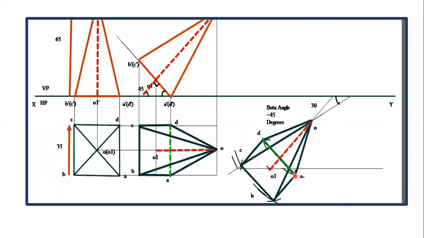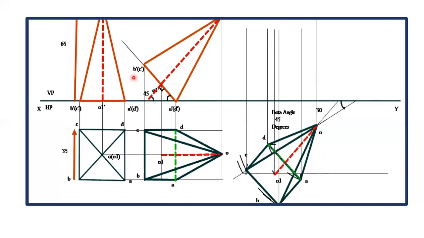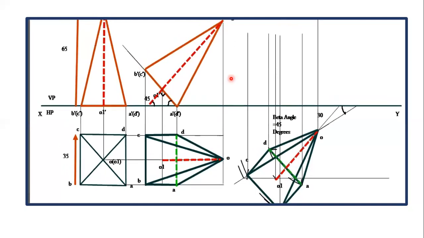Now project each of the points onto the front view. Project A, B, C, D, O1 and O onto the front view, and project the front view from the second position. So now O dash with O will be the point O dash.